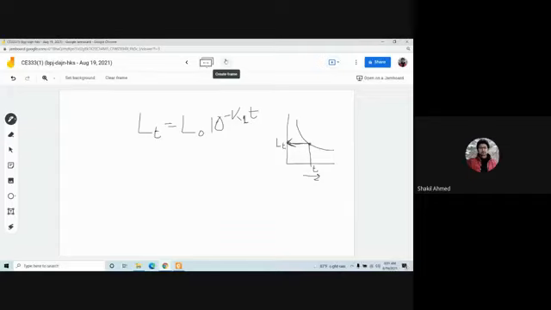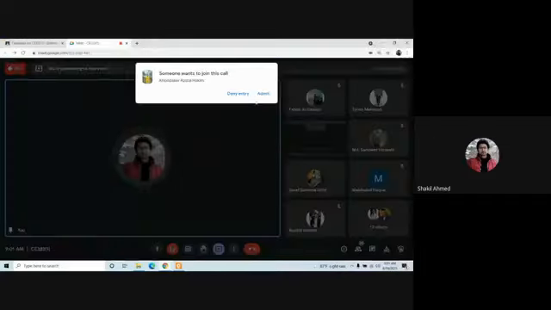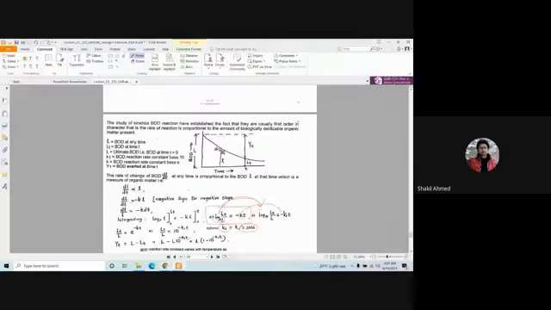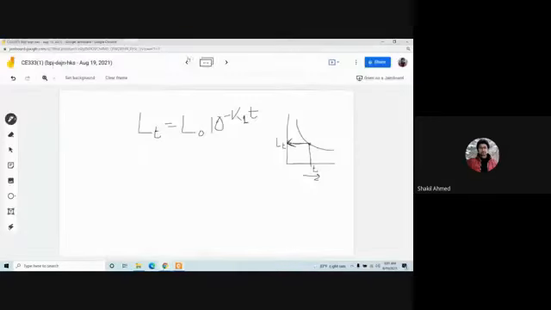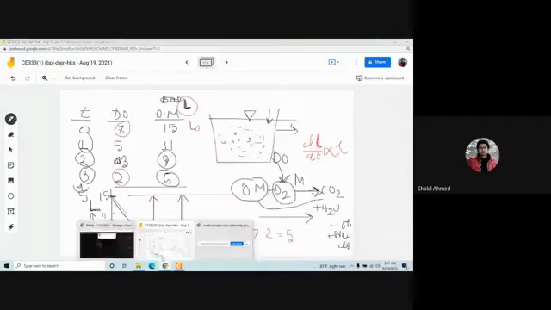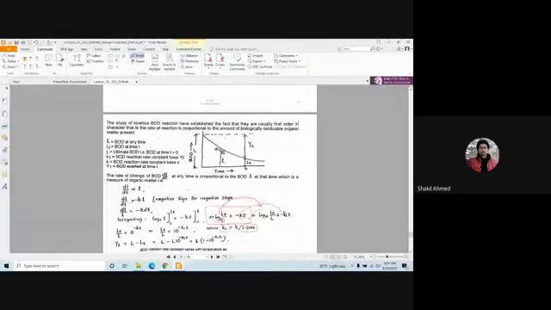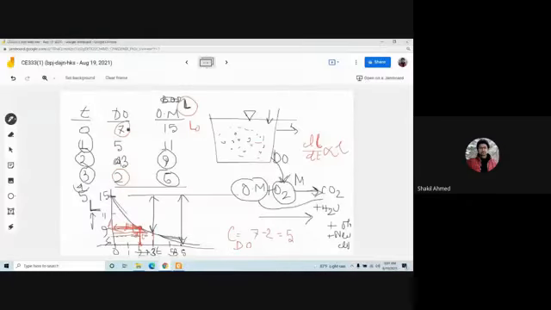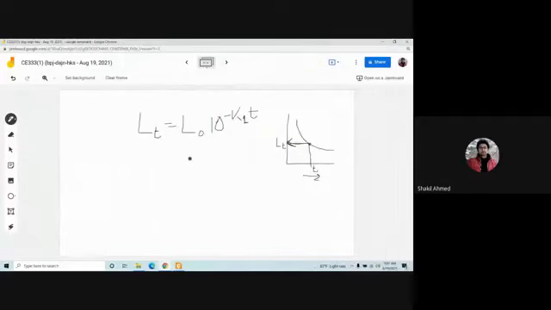Now, when we test a BOD, we perform a BOD test here, like this. Let's do it again. At time t, this is DO, this is BOD, or we may call it L. Let's not call this BOD.